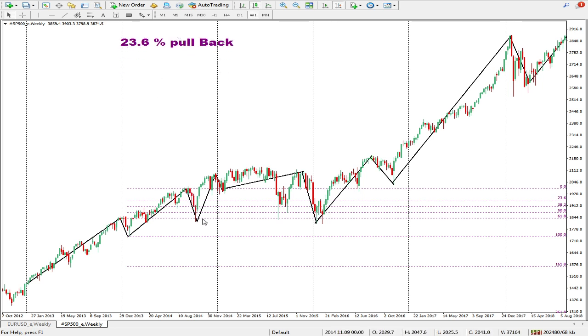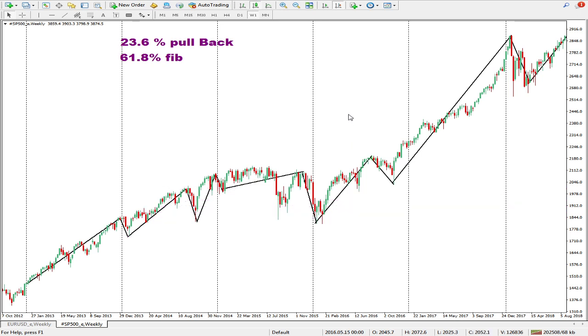Then here it pulled back up to the 61.8% fib level. That's the pullback there. And then you have another one. This is another big move, main move.